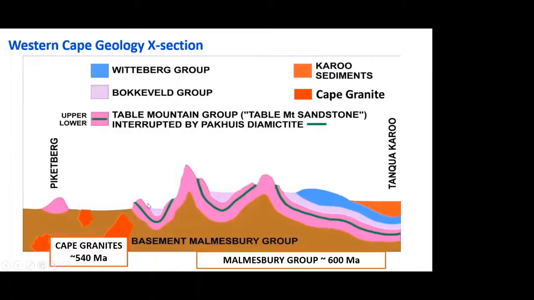And on top of it, the Table Mountain Group rocks, which have been subsequently folded, and then eventually the Karoo sequence on top of it. Now, this is, as I say, a very generalized thing. We're going to now look at how this basement formed and then what happened to it prior to the deposition of the Table Mountain Group.